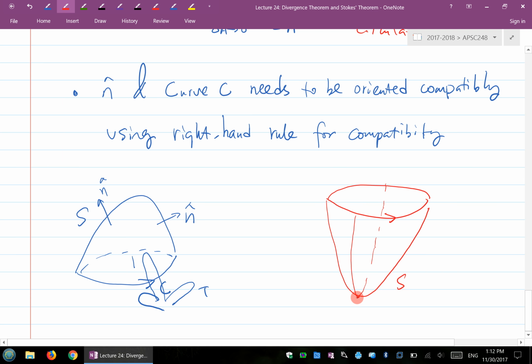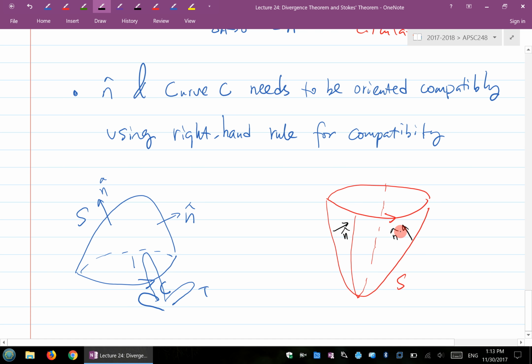The thumb is the direction of C, the index finger is tangent to the surface S, and the middle finger pointing direction is the n hat direction. In this case, where does it point? It's going this way, right?